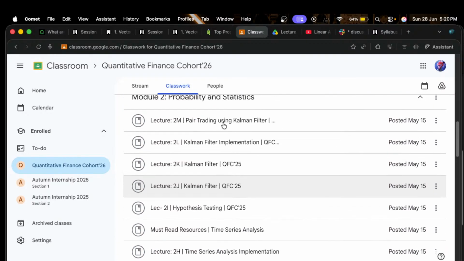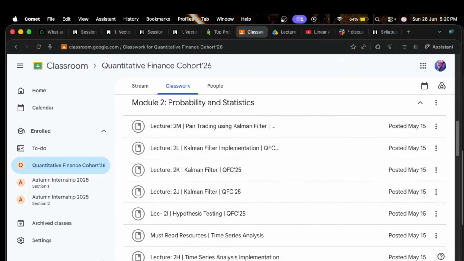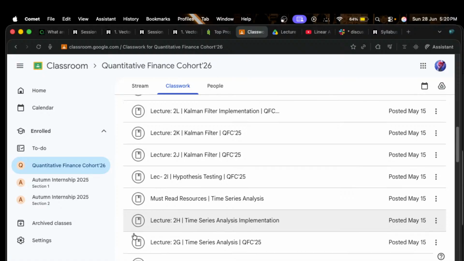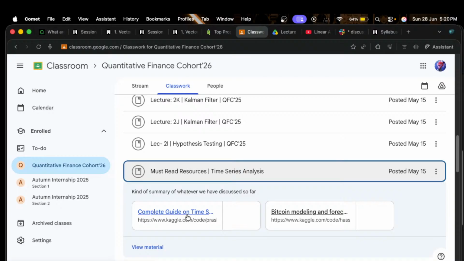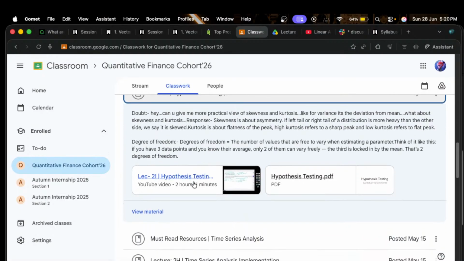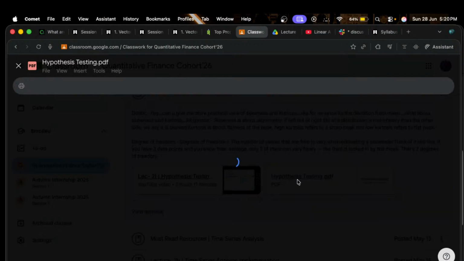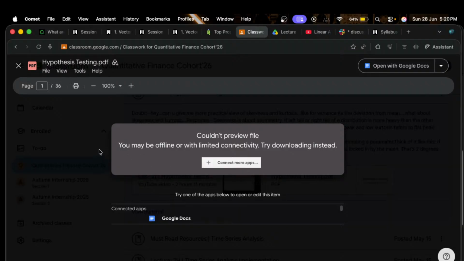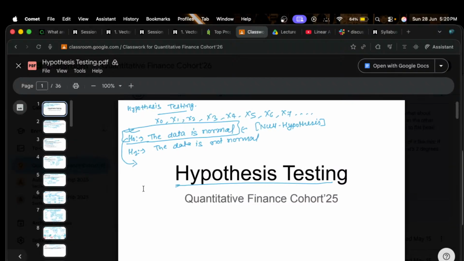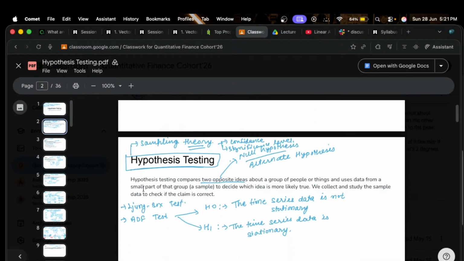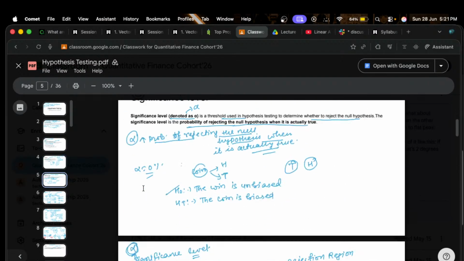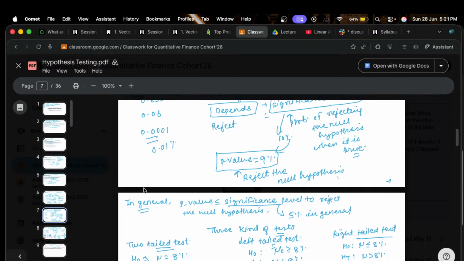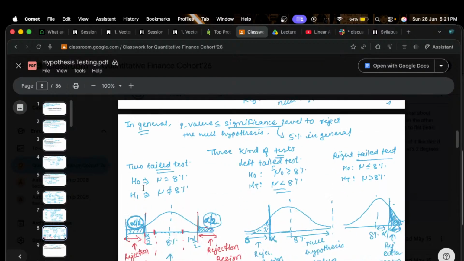For the math section, I will definitely do most of the things from my MIT course, and I'll do most of the things from the reading resources here. I will try to go through the reading resources for most of it. Hypothesis testing is really important, and we really need to study this.